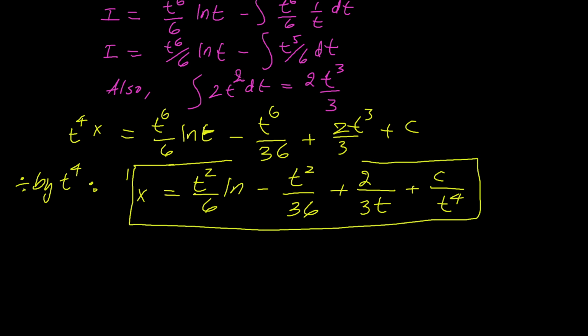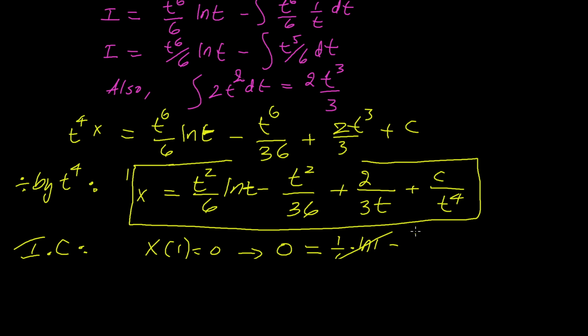Okay. And now, since this is an IVP, we have an initial condition that says x of 1 equals 0. That means 0 is here, and t is 1. So here I'm going to do 1/6 natural log of 1, which is 0.